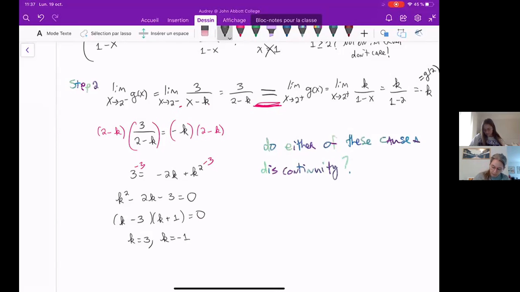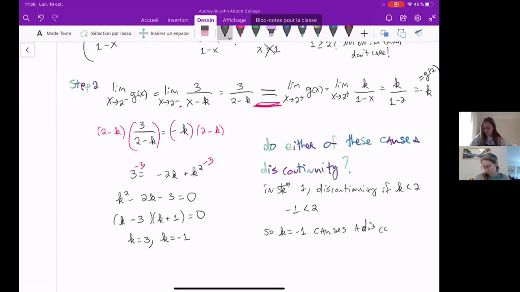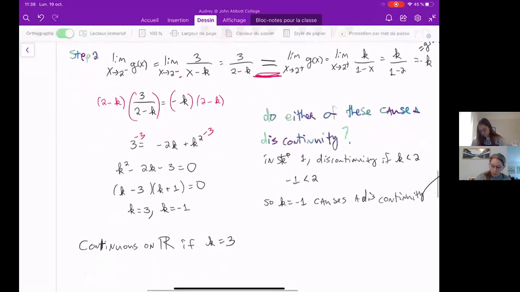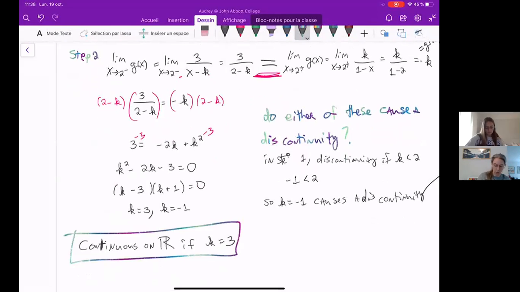In step 1, if k is less than 2, negative 1 is less than 2, so k equals negative 1 causes a discontinuity. So this is continuous everywhere, on R, if k equals 3. We cannot put k equals negative 1 as an answer because it causes a discontinuity.